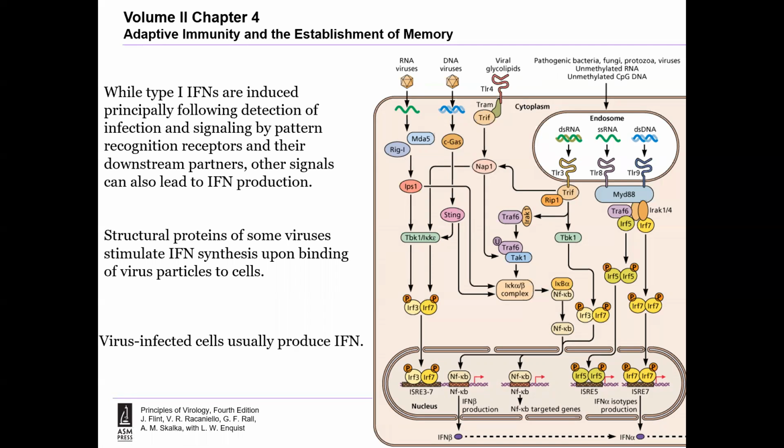And that also occurs in endosomal compartments with the recognition of genetic material. These pathways have a lot of different signaling cascades, but at the end of the day, they're designed to recognize viral particles and antigens and induce an interferon beta and/or alpha response.